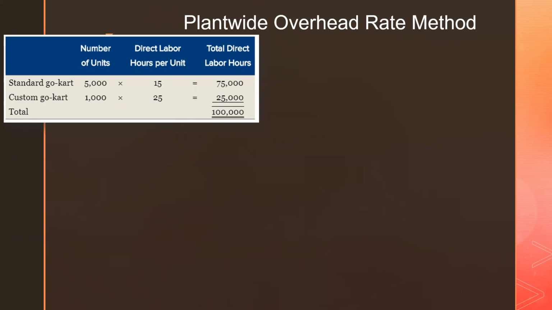This is just what you're typically going to see at a fun park, just standard. Hey, let's just order some go-karts. Don't need anything custom. So they're planning to make 5,000 of those. Our activity base is going to be direct labor hours in this example. And they say it takes 15 direct labor hours to produce a standard go-kart. So if we have 5,000 go-karts times 15 direct labor hours, it will take a total of 75,000 hours to make these standard go-karts.